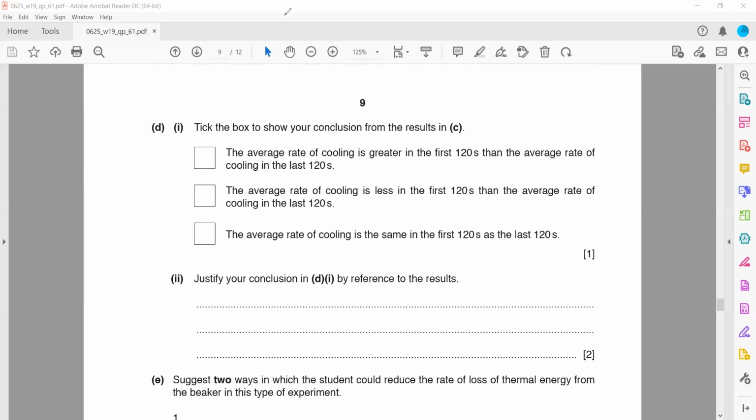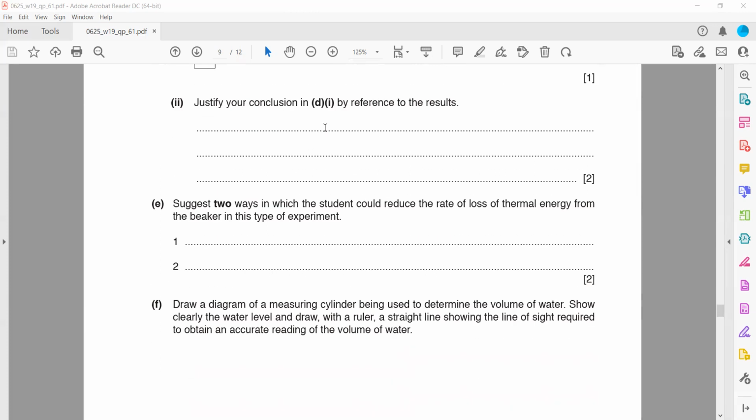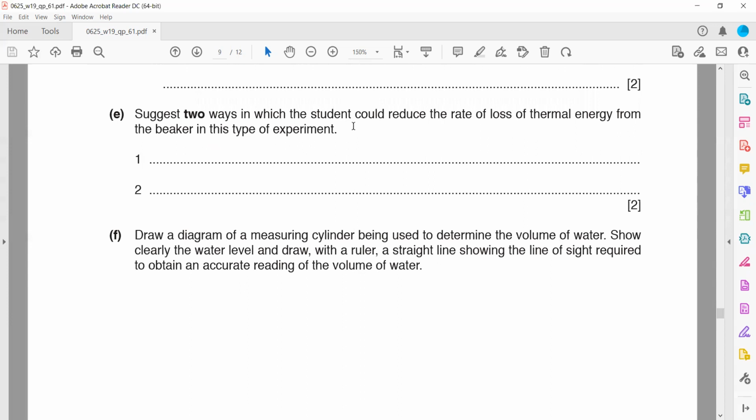Suggest two ways in which the student could reduce the rate of heat loss from the beaker in this type of experiment, like how we can reduce the rate of heat loss. So we should provide insulation, or we should place a lid, or the starting temperature should be low, because if the starting temperature is low, the rate of heat loss is smaller.